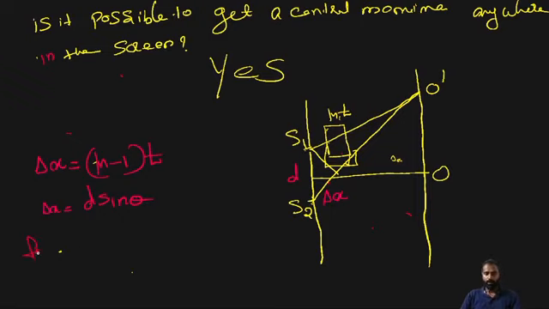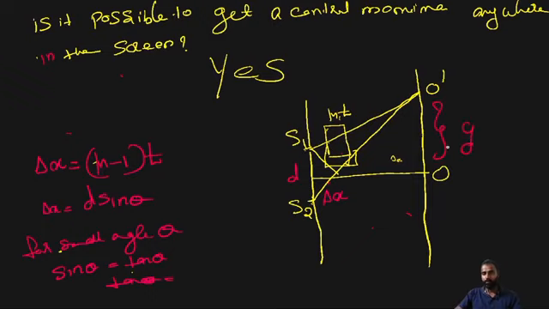For small angle theta, sine theta is approximately equal to tan theta. Then for tan theta, I can write this new position, I will take y, as y by D.